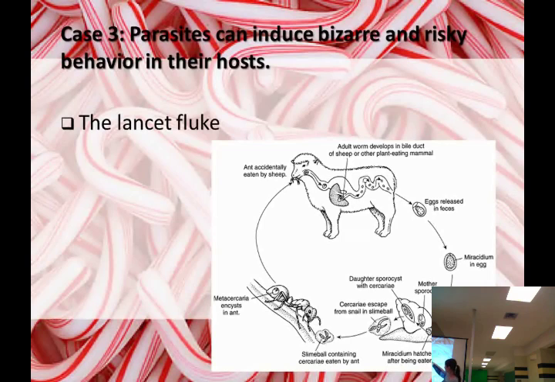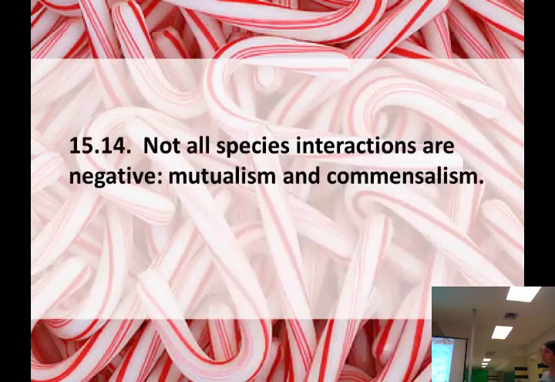So it's an amazing life cycle as it goes through the sheep into the feces, feces picked up by the snail, snail squirts out this slime ball eaten by the ant, climbs back up to the top of the blade of grass and then gets accidentally eaten by the sheep. So it's kind of amazing to think 3 different organisms in order for this parasite to be able to survive and reproduce.